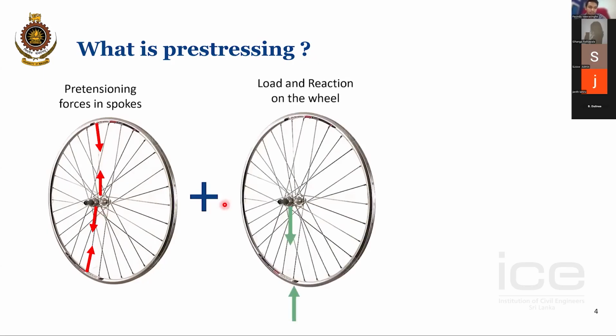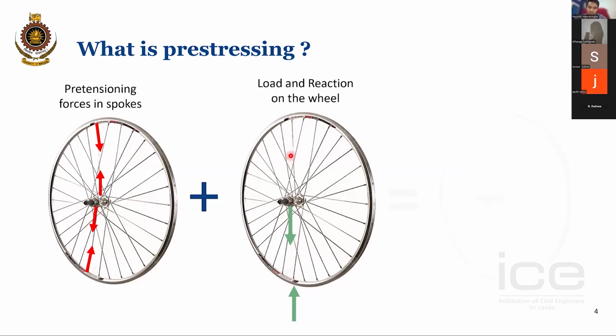And then what will happen when you fix this wheel into the bicycle and ride it is that the load of the bicycle will be acting downwards from this location. And the reaction that is coming from the ground will be opposite like this. So due to these forces, there will be compression on this side and tension on the other side.